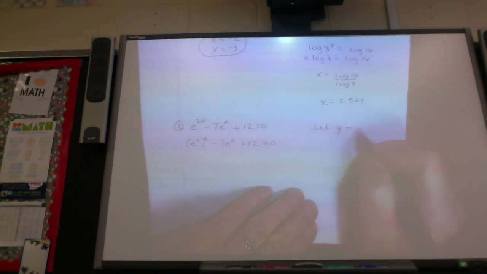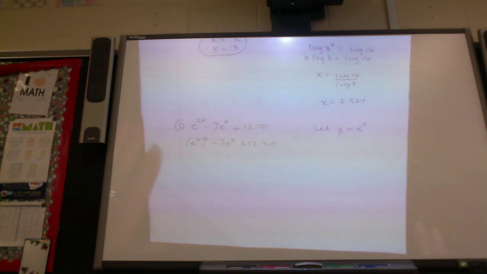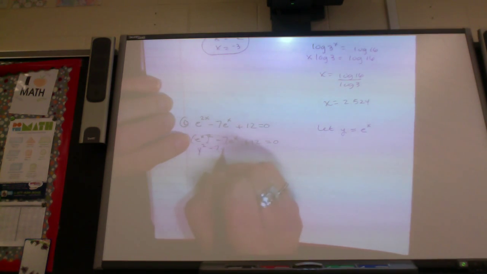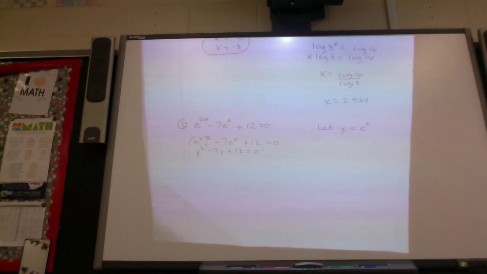What if we let y equal e to the x? So when I put a y in for e to the x, that's y squared minus 7y plus 12 equals 0. And that'll factor.